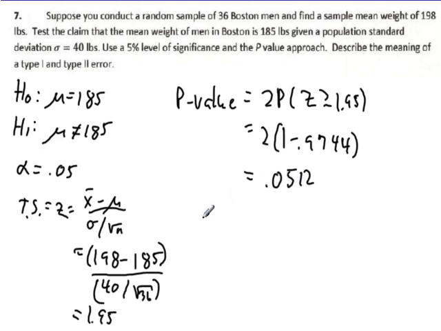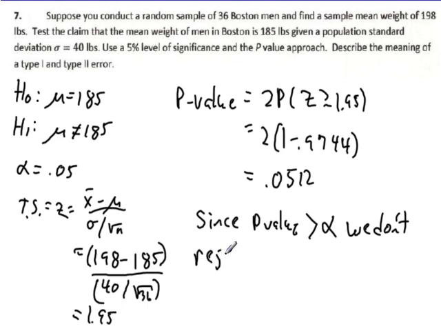Conclusion? Since our p-value, in comparison to our significance level, is greater than alpha, we don't reject H0. We only reject the null hypothesis when the p-value is less than alpha.